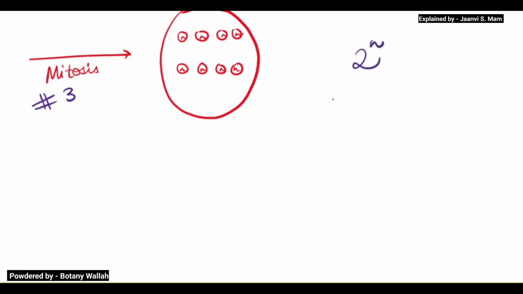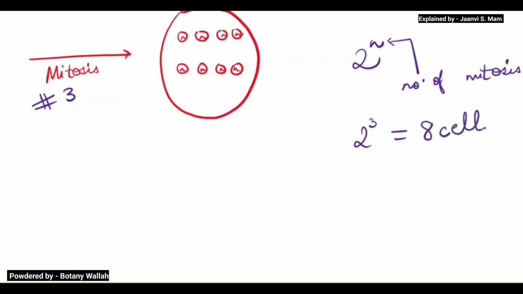So it is 2 raised to n, where n stands for the number of mitosis. Here mitosis has occurred three times. So 2 into 2 into 2, three times, and you get 8 cells. Now here you can say 8 nuclei.